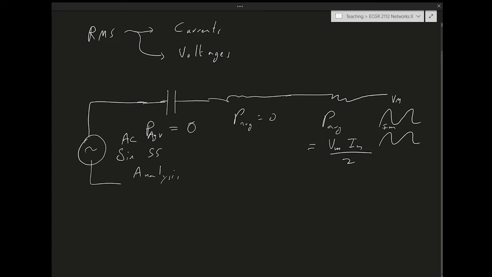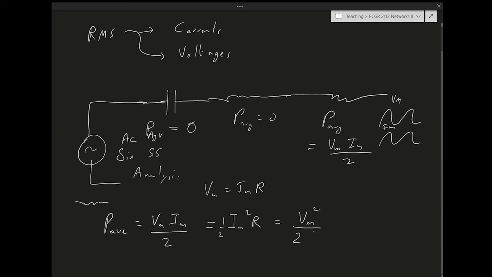Using Ohm's law, Vm equals Im R, so I can rewrite this in two other forms: either half Im squared R, or Vm squared over 2R.